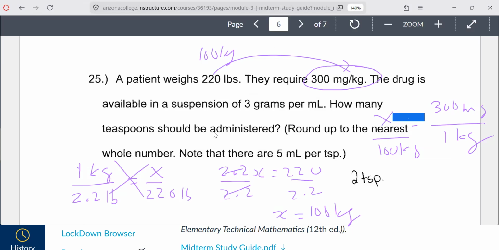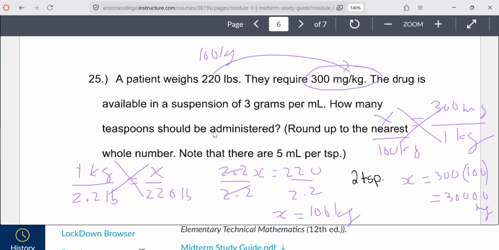You see it? Then you cross multiply. So x times 1 is x. We've got 300 times 100, and that gives you 30,000 mg for this patient. Wow, 30,000 mg for this patient.